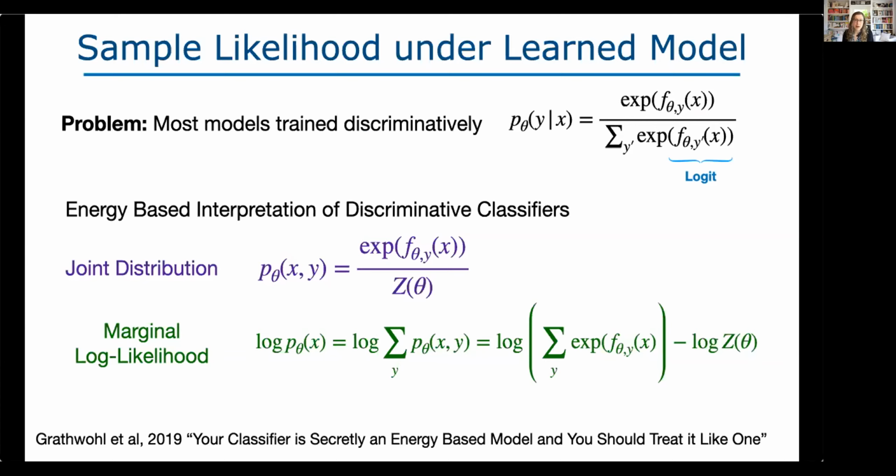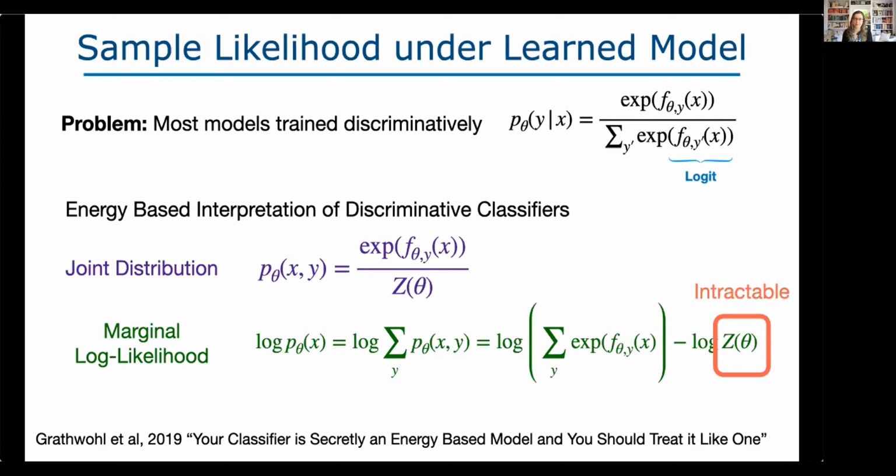We could sum over the label and produce a log over a quantity that we know, which is the output logit exponentiated. But then the problem is that we don't know what this normalization factor is. And this is because we didn't train a generative model. We don't necessarily have this quantity modeled, and computing it is known to be very expensive or even intractable. So how can we start to think about visualizing a likelihood of a sample when we can't compute this Z of theta?